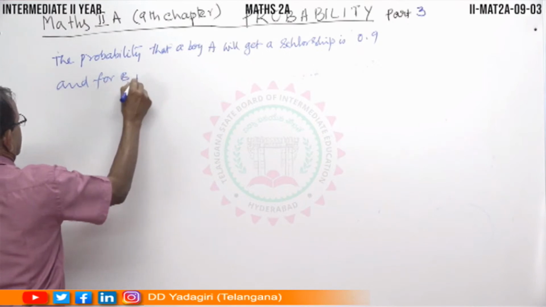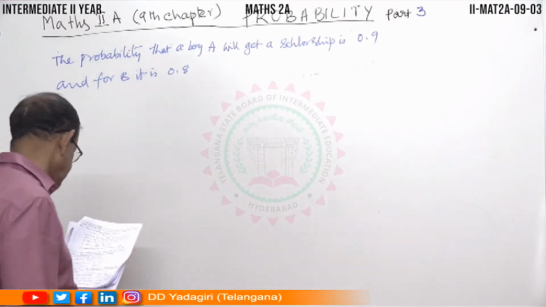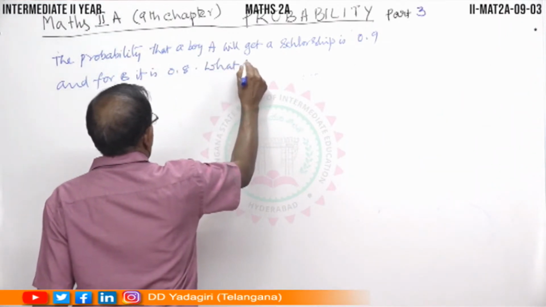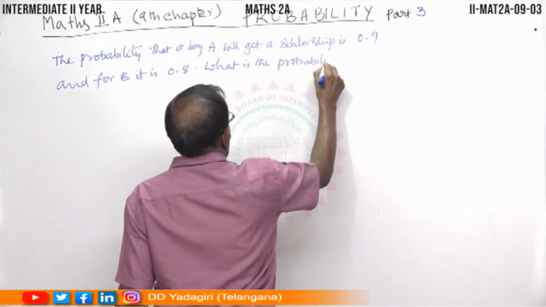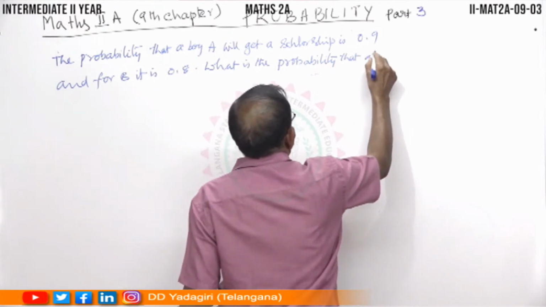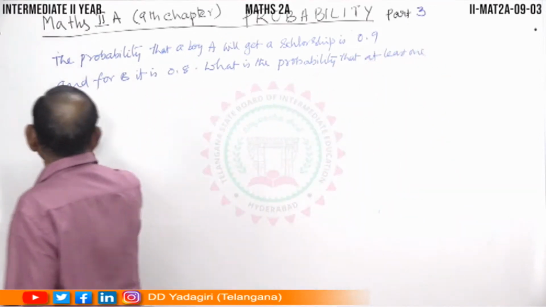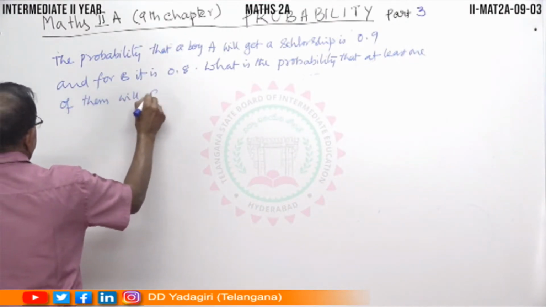What is the probability that at least one of them will get scholarship?